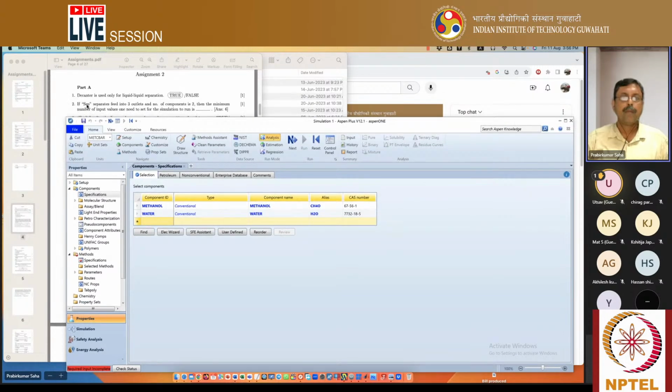So you are probably talking about this particular question, right? If SEP separates feed into 3 outlets and number of components 2, then the minimum number of input values one needs to set for simulation run is something. So 6 is the answer.